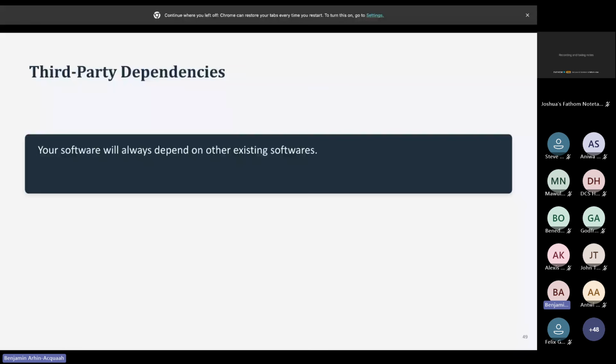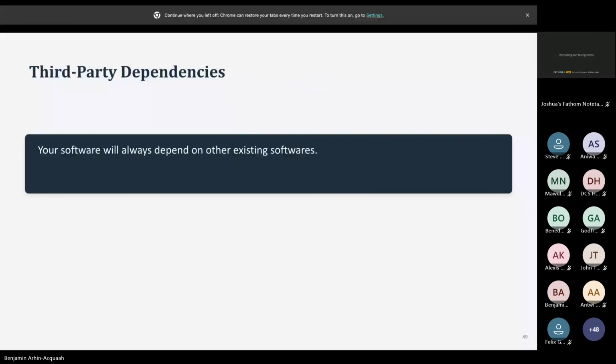So all of these are considered third-party dependencies, of course, minus the programming language. In the sense of third-party dependencies, I don't think the language you are using is counted.